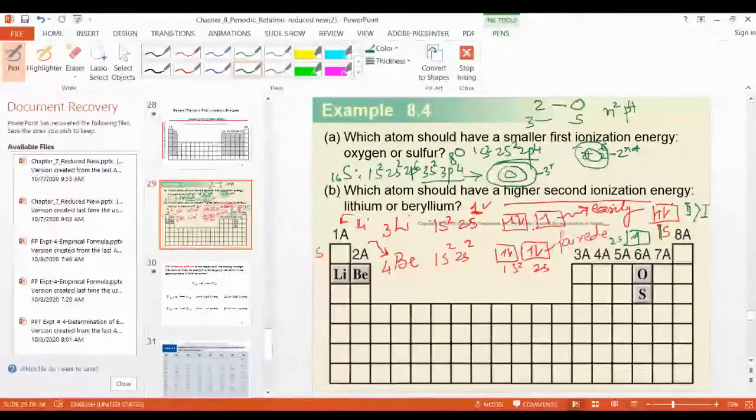The second ionization energy of the lithium is greater than the second ionization energy of the beryllium, because a single electron is easily removed. But this electron is still in the second orbital, but this is the first orbital, first s.